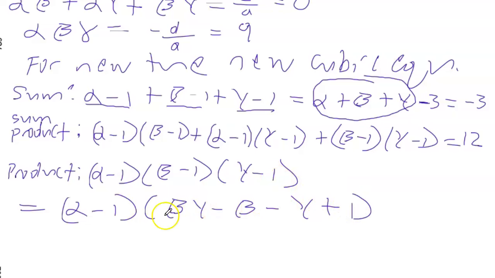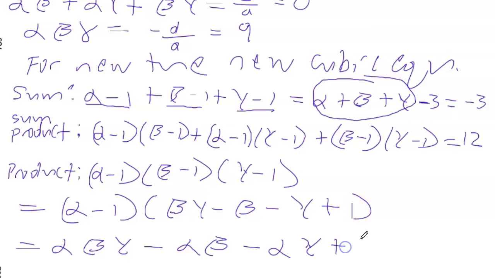And then we're going to expand this bracket now by the alpha minus 1. So alpha times every term in the expression in the second bracket. So alpha times beta gamma, that's alpha beta gamma. Alpha times minus beta, that's minus alpha beta. Alpha times minus gamma, that's minus alpha gamma. And alpha times 1, that's alpha.